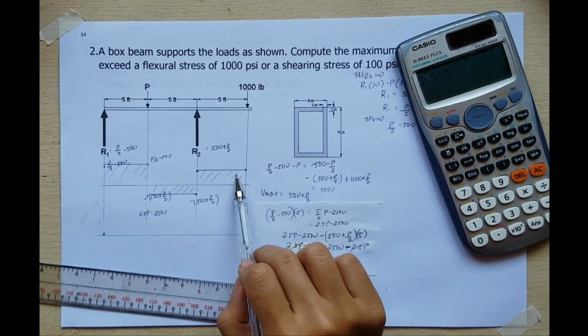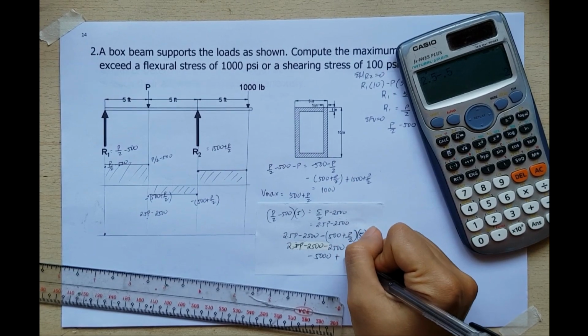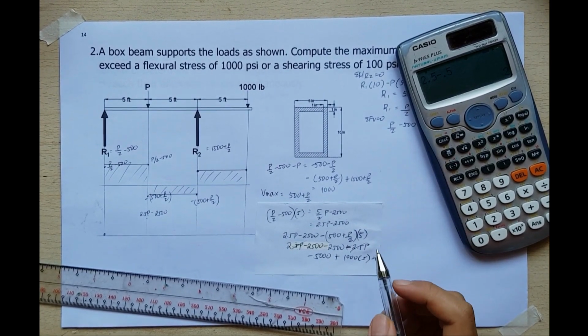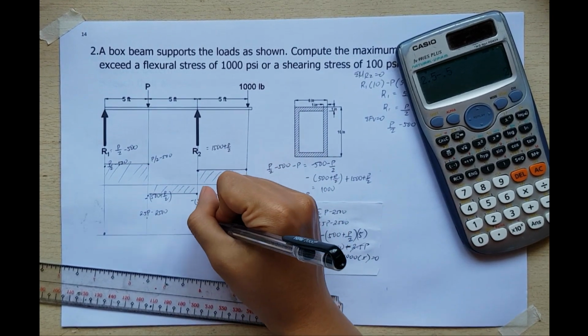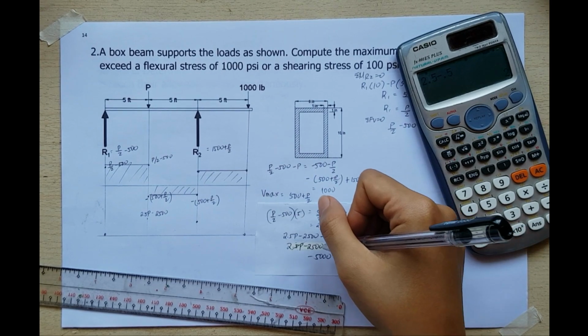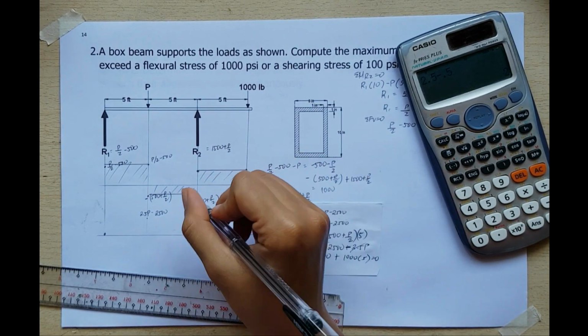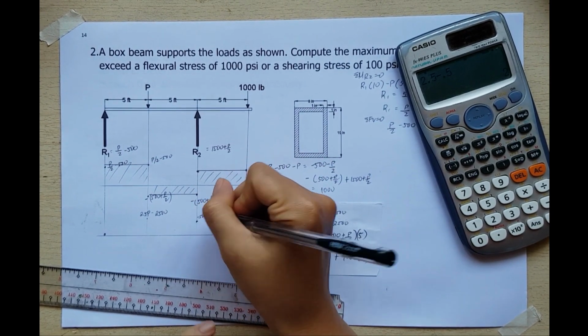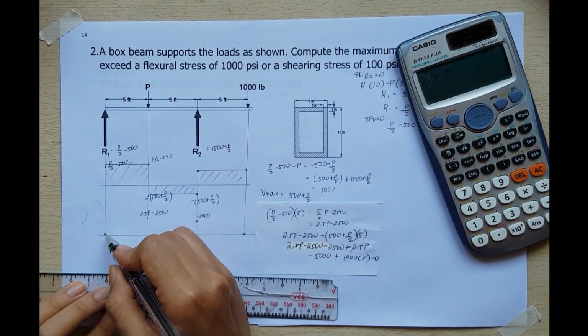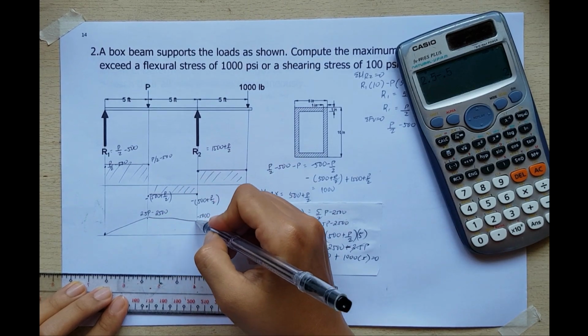So, negative 5,000 at this part, we have plus 1,000 multiplied with 5. So, it is left with 0. So, it will look like this one. Ayan. So, this is negative 5,000. Then, 0.